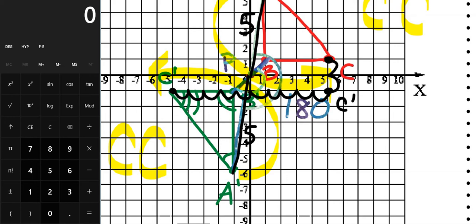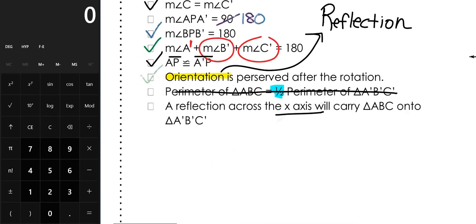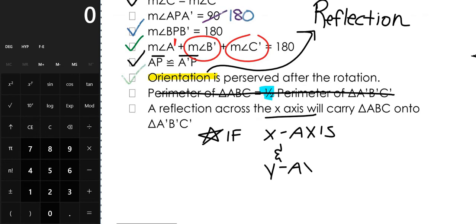But they didn't say both x-axis and y-axis. They only said x-axis. So we're not going to say yes to the last choice. But we're going to put a little note for ourselves and say, if it said x-axis and y-axis, order doesn't matter, just if it had both, then that would be a yes.